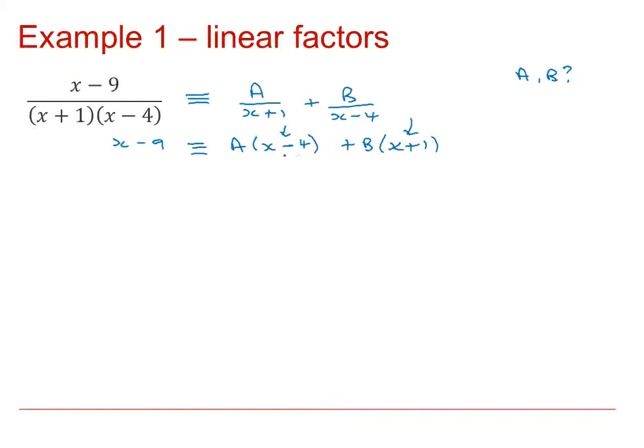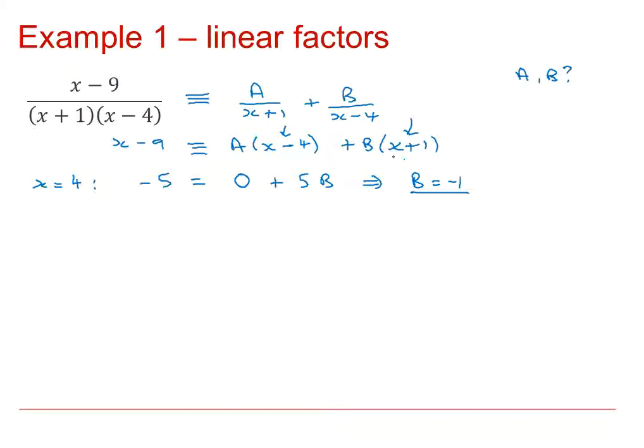By looking at this first bracket, x minus 4, a good choice of x would be let x equal 4. 4 take away 9 is minus 5. And why did we choose 4? 4 take away 4 is nothing, so the a term has disappeared. 4 add 1 is 5, so that's 5b, and therefore b must equal minus 1.